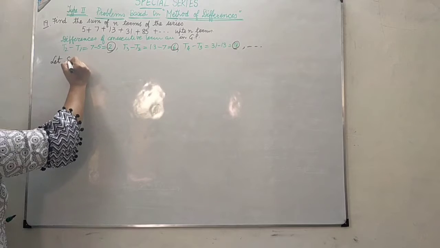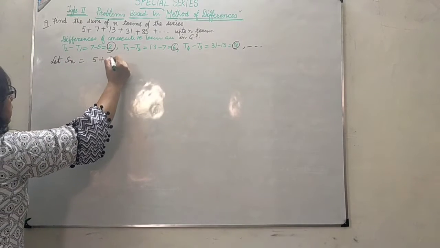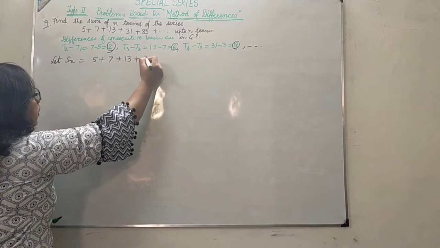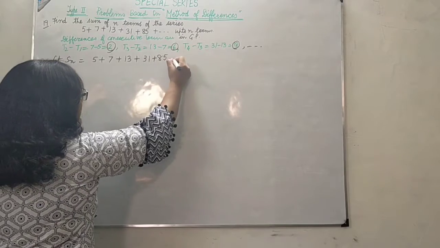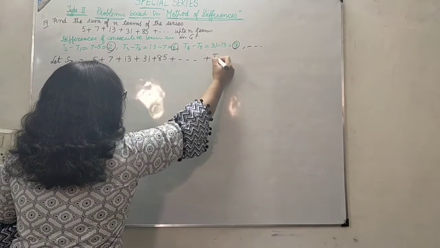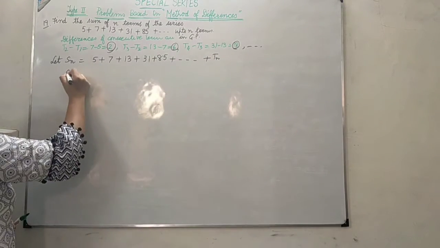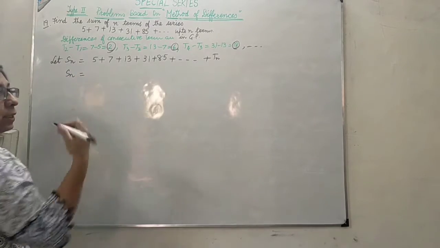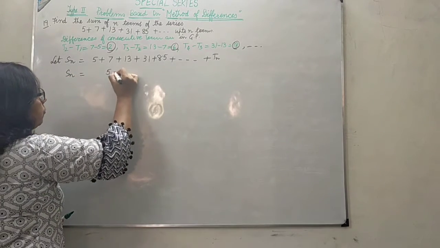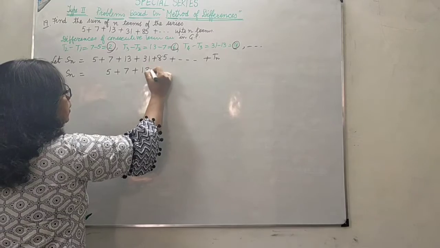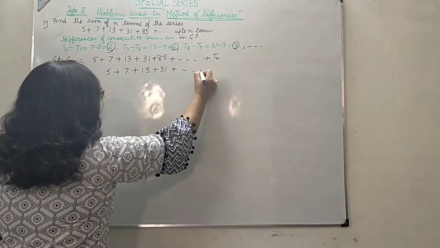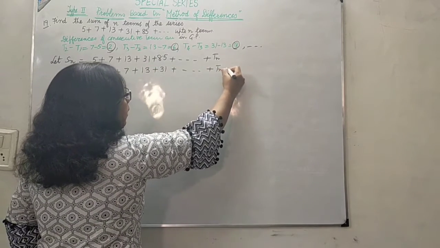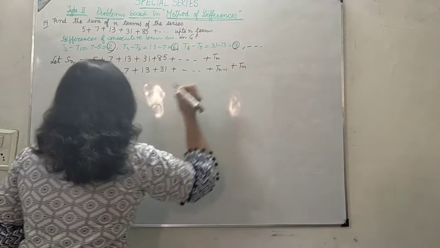Let Sn be 5 plus 7 plus 13 plus 31 plus 85 and so on, up till the nth term. Then Sn is, by shifting again one term, 5 plus 7 plus 13 plus 31 and so on, this is Tn minus 1 plus Tn.